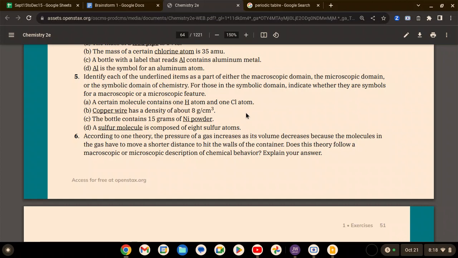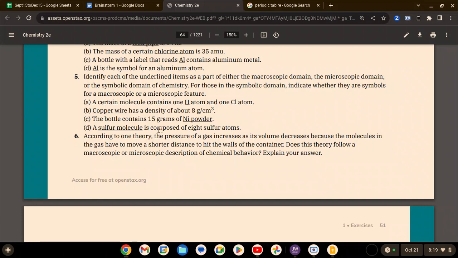So that's macroscopic. And then D, sulfur molecule. So that's going to be sulfur, and there's 8 of them.